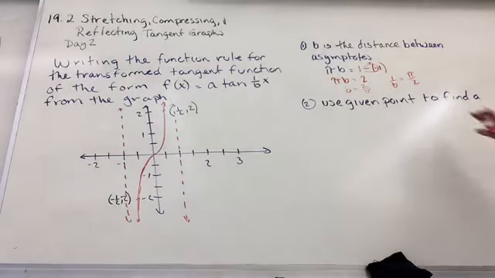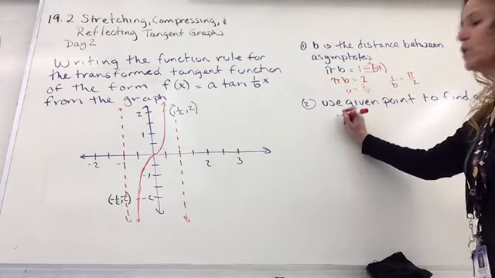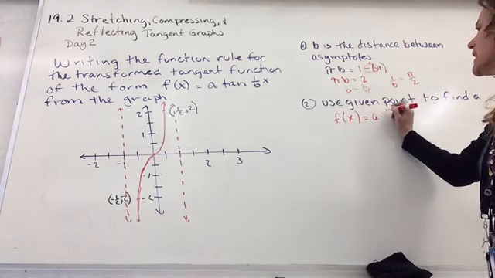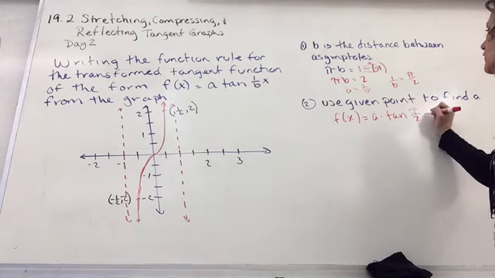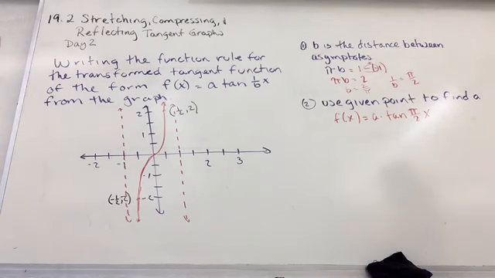Now, when we're looking to find a, we're going to plug this into our equation of what we know. So we have f of x equals a times the tangent, 1 over b is pi over 2 x. Now, we want to solve for a, so we're going to use one of the given points. We have 1/2, 2. I'm going to use it because they're both positive, and it makes life sometimes just a little easier when we use those positive values.